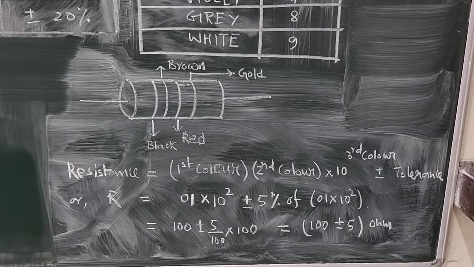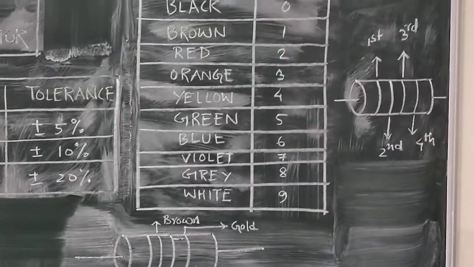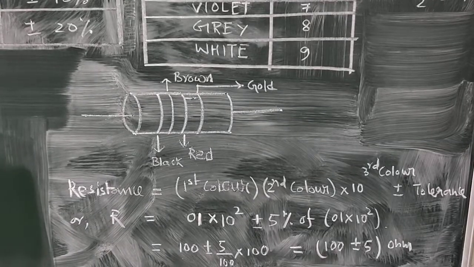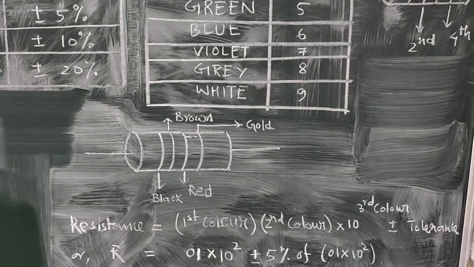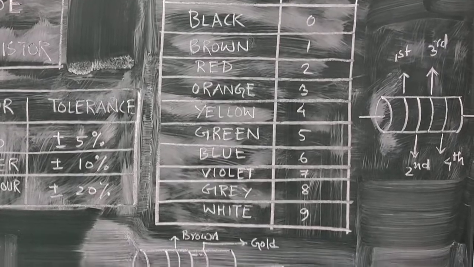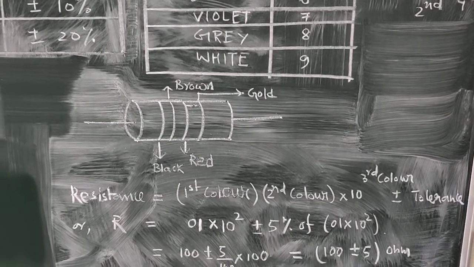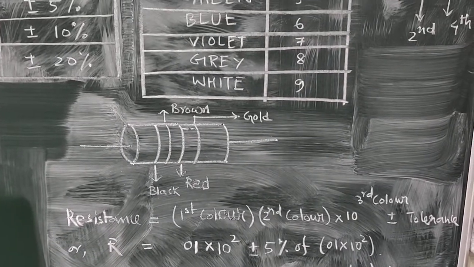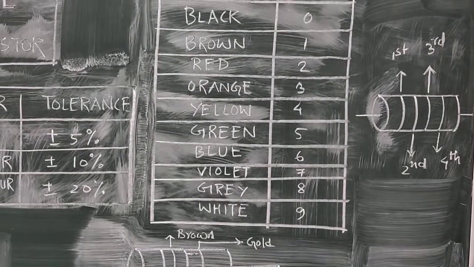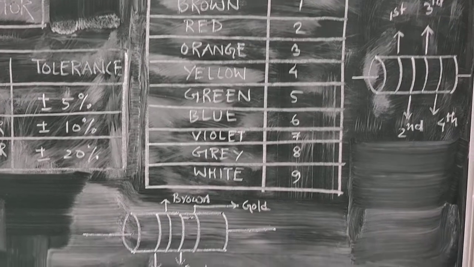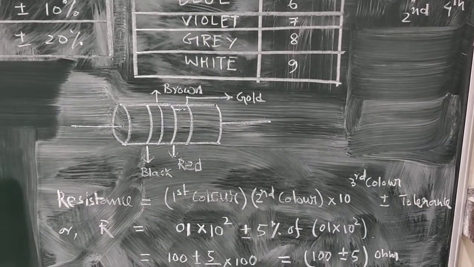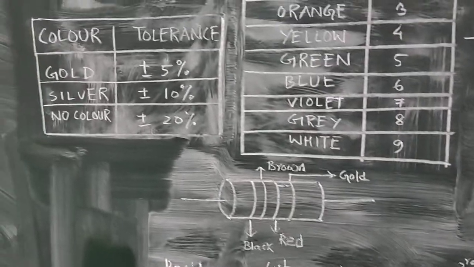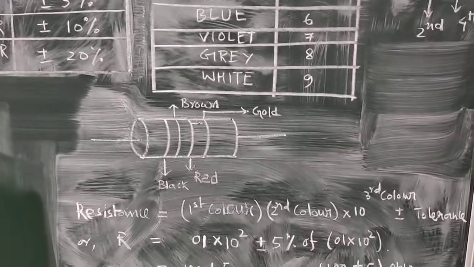So first color is your black, black is 0, so I have substituted 0 here initially. Second color is your brown, brown is 1, so I have substituted 1, just to place, into 10 to the power third color, red, which is 2, so 10 to the power 2, and plus minus tolerance as it is gold, and gold is plus minus 5%.